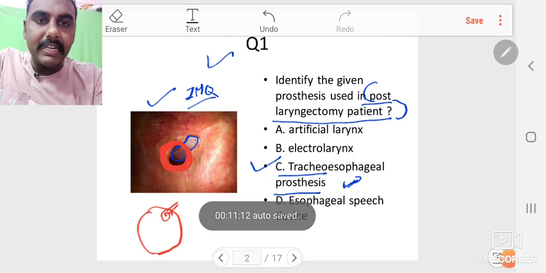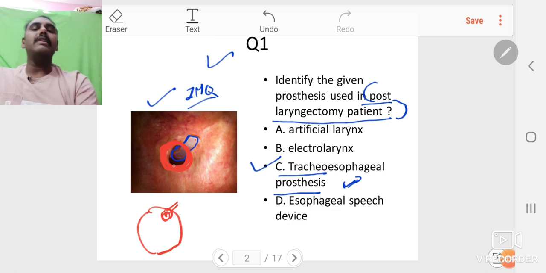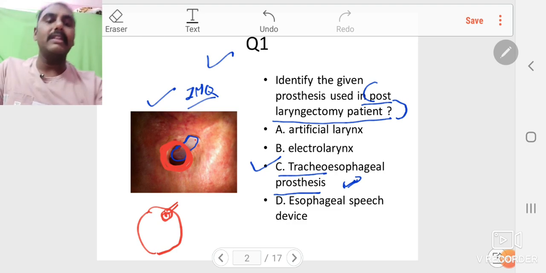When the patient tries to phonate, he can just close the tracheostomy and phonate through it.